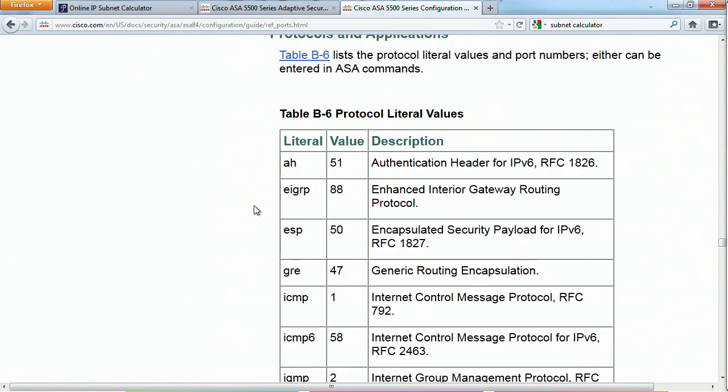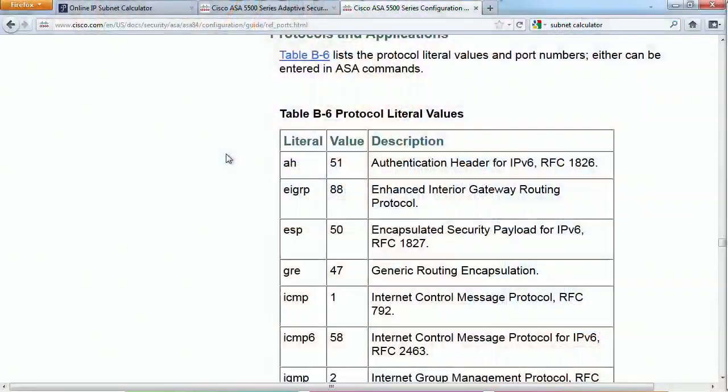This we'll talk about later when we get into routing and how stuff works at layer 4 and above when we're dealing with TCP or UDP, OSPF, EIGRP. These are the different layer 3 protocol numbers that are part of the IP version 4 header.